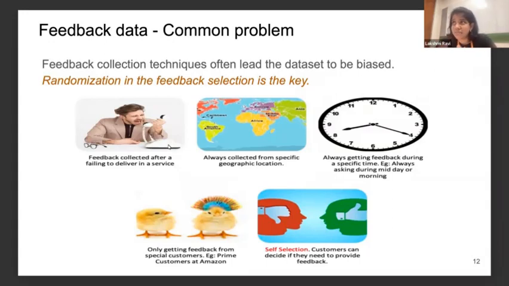So what does it mean when they bring the data to you? It does add some critical business value, but can you use the same data and build a model with it? Because as you can see, randomization is the key when you are collecting any form of data. If the data collector does not have the samples randomly selected, it means it carries some bias already.